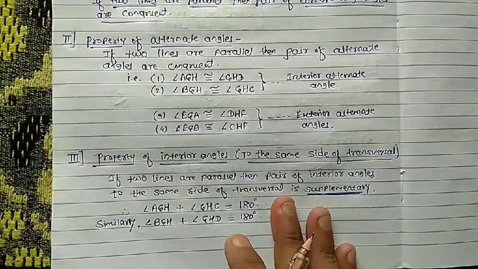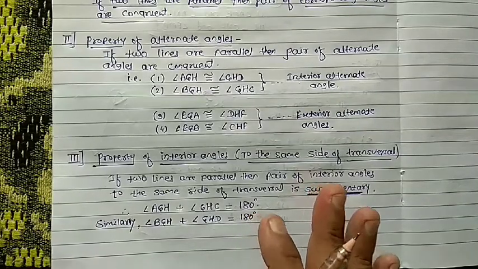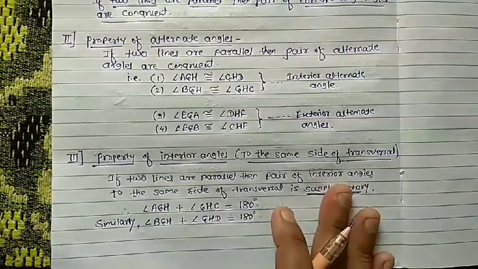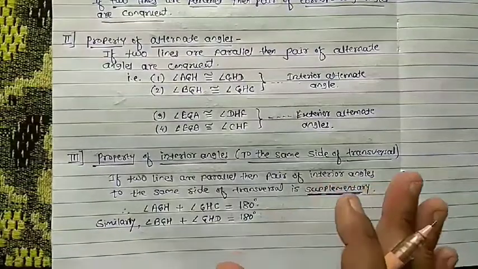So these are the properties of different angles based on the two parallel lines and the transversal.